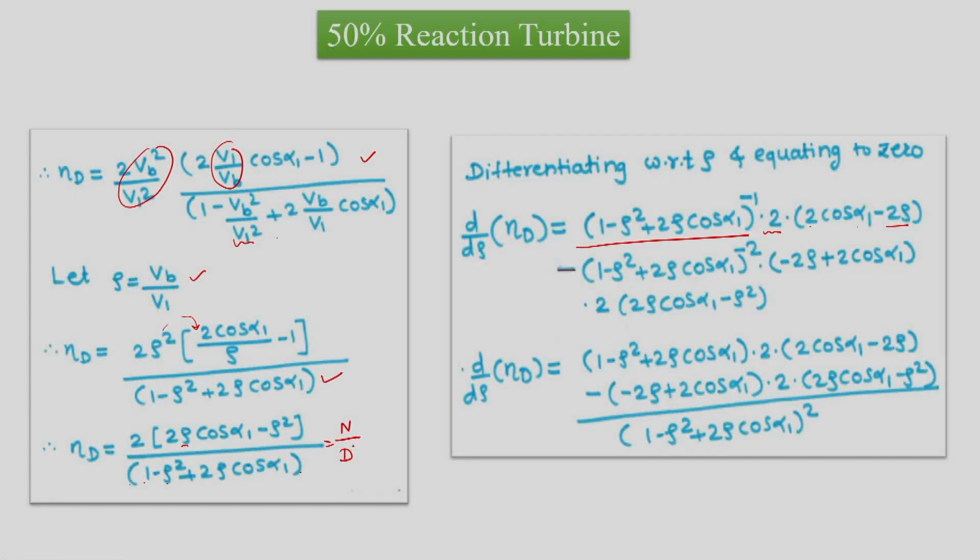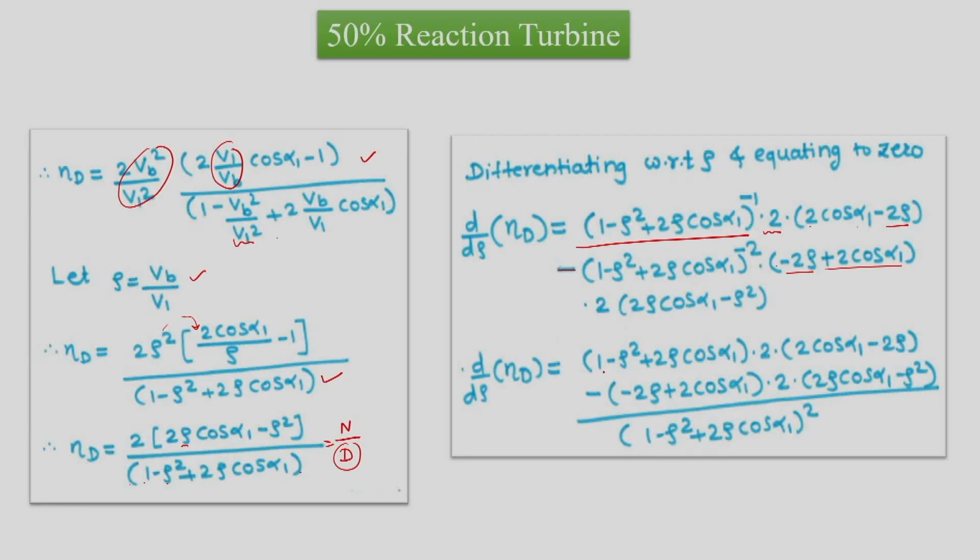Minus, since it is the differentiation of the denominator, we will have raised to minus 2 into the differentiation of the denominator. 1 is a constant, so its differentiation is 0, minus twice rho plus 2 cos alpha 1, into 2 rho cos alpha 1 minus rho square. So we will equalize the denominator of the two terms.